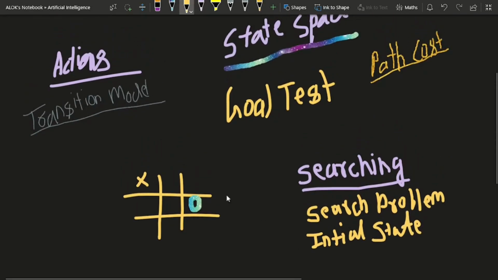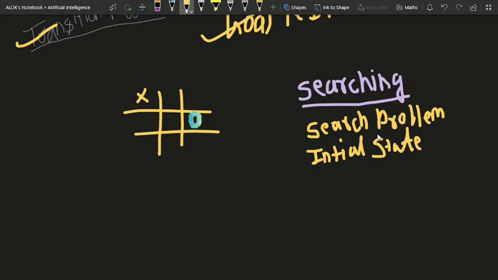It would have a set of actions, a transition model, a goal test, and a path cost function. And in a search problem, our main goal would be to find an optimal solution of a search problem, right? So again, a new term, optimality, comes into the picture.